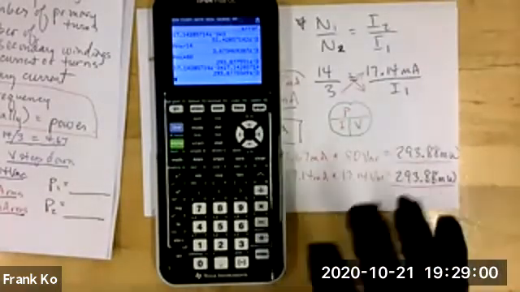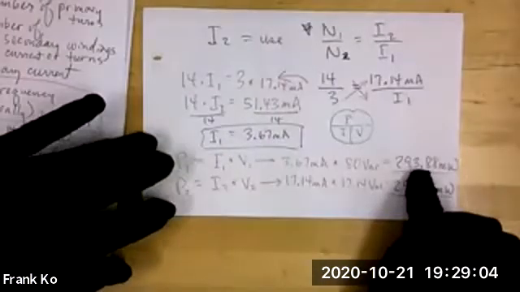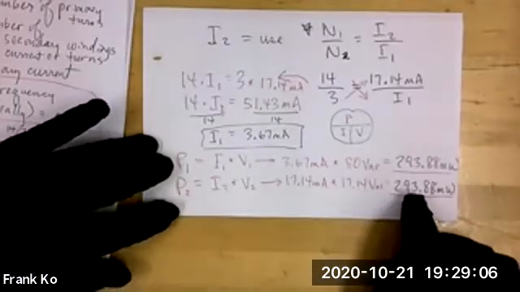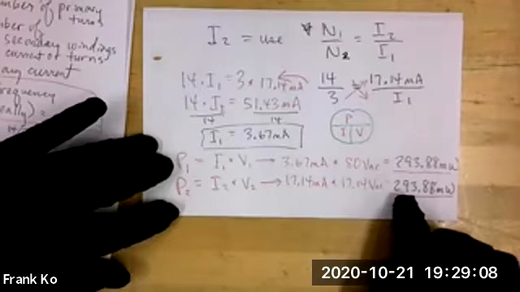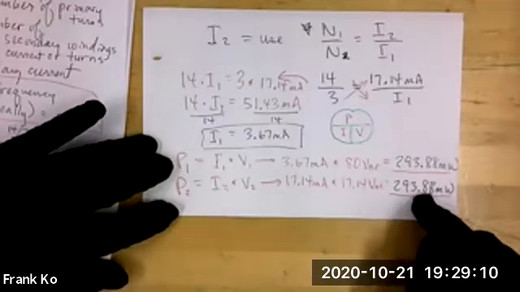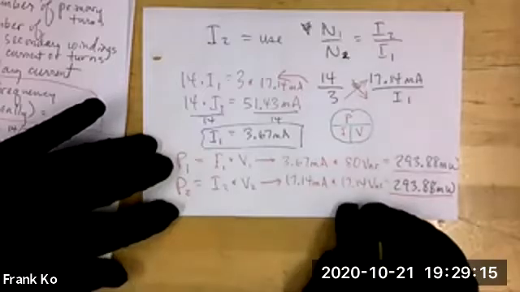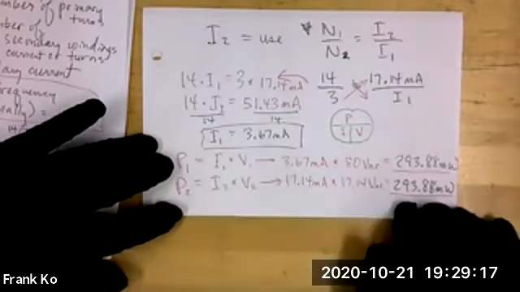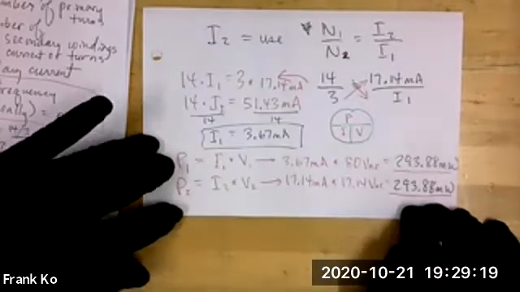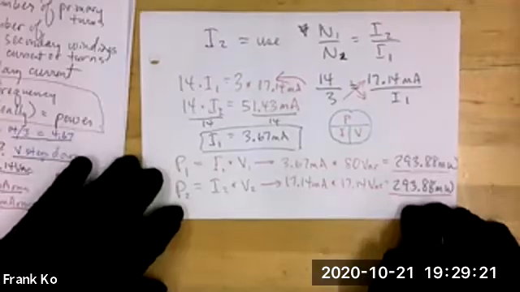So it does things a bit more accurately. But as long as you have 293 and some change, does it match pretty closely to your 293 and some change for P2? Does P1 come pretty close to your calculated P2? Yes. Okay? So we have power 1 equals power 2.